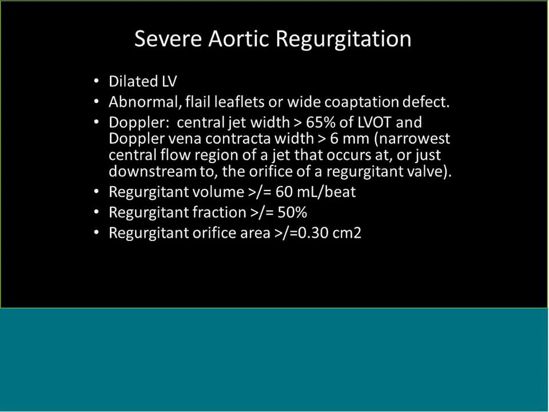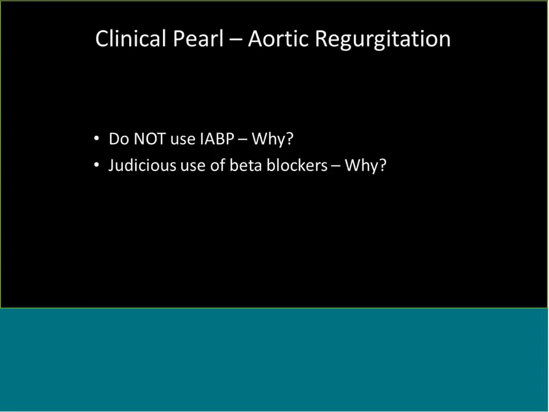So you want to see a width greater than 6 millimeters, a wide central jet, essentially. That's a fancy way of saying that. And then the regurgitant volume is greater than 60 mils per beat. That's a lot. Milliliters every heartbeat, 60 mils regurgitant back into that ventricle, and then the regurgitant fraction over 50% and the orifice area or coaptation defect of greater than or equal to 0.3 centimeters squared.